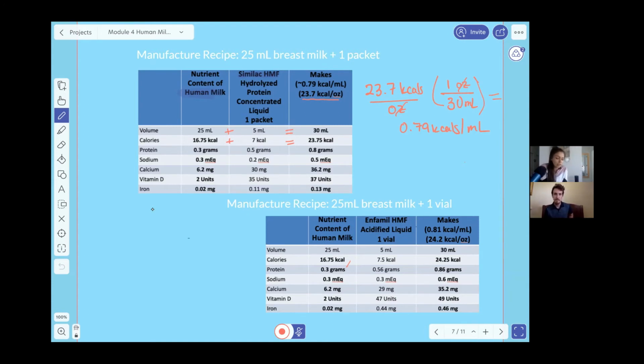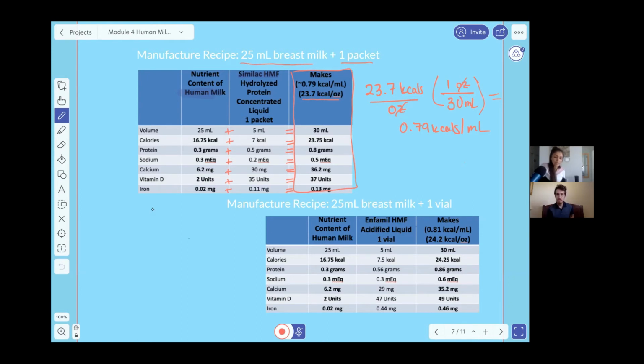So let's continue here. So again, we have our protein 0.3 plus 0.5 gives us 0.8, and so on and so forth. That's all this is saying, guys. So we know that this whole entire column right here is our recipe of 25 milliliters of breast milk and 1 packet.